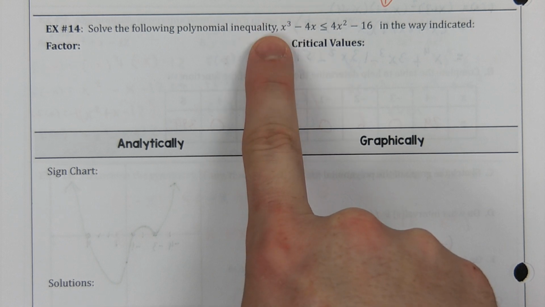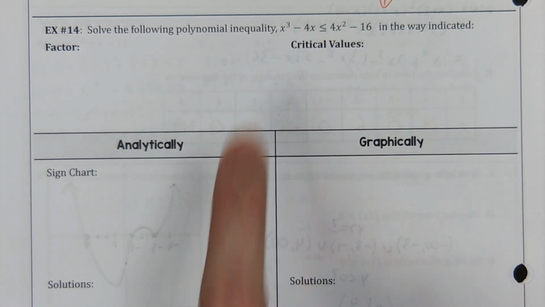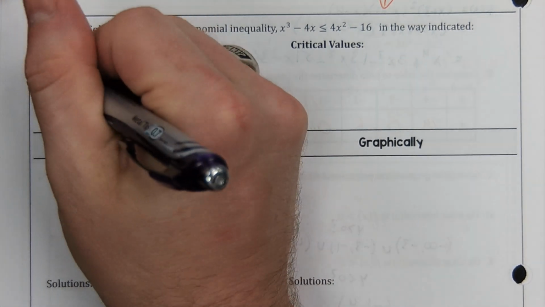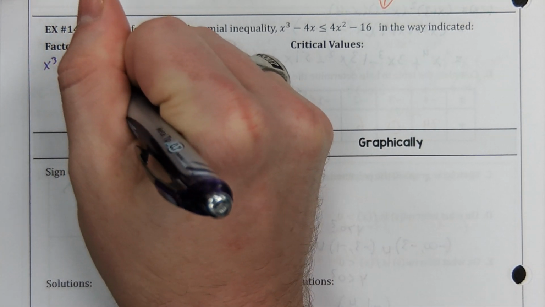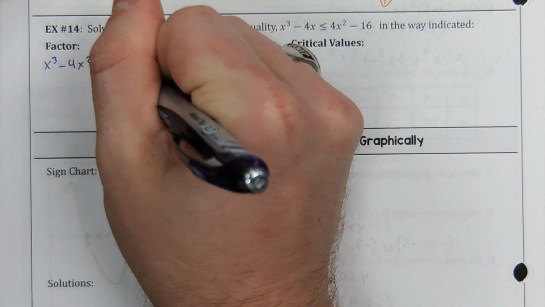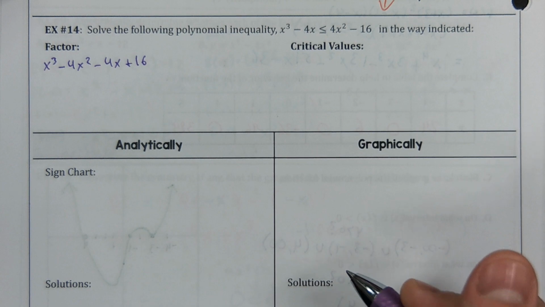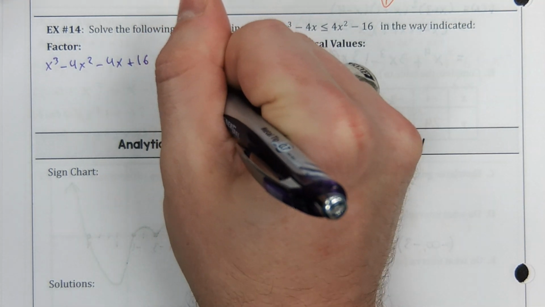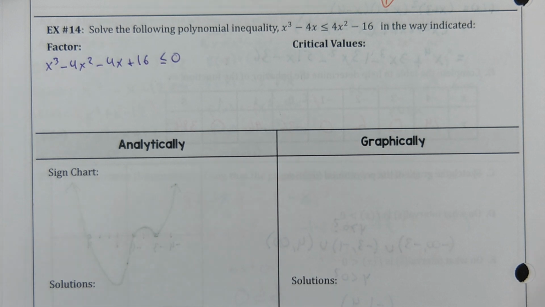It's like the magnet, it brings everything close. So I have to subtract the 4x squared, I have to add the 16. It's going to give me x to the third minus 4x squared minus 4x plus 16. And we need this cubic polynomial to be less than or equal to 0. See, I just brought everything away from the right, so it leaves a 0 over there. I subtracted the 4x squared and I added the 16.